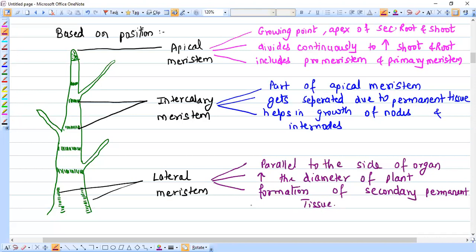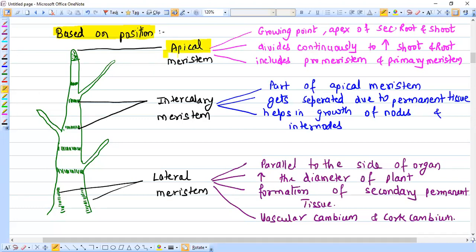And lastly, this lateral meristem is responsible for formation of vascular cambium, the cambium present between the xylem and phloem, and cork cambium, the one that is responsible for the girth.